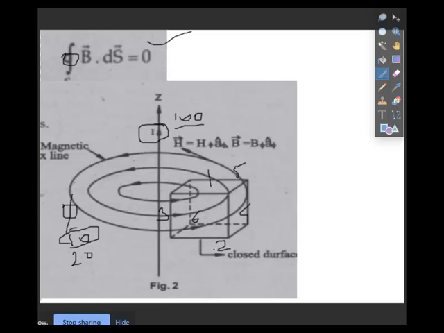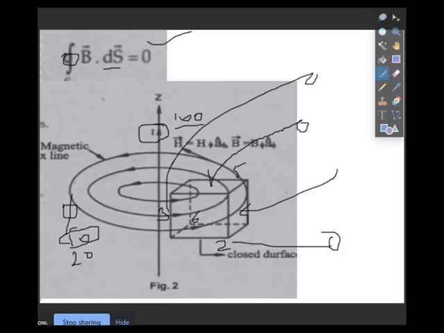So if you integrate B dot dS for the top surface, you will get value 0. For the bottom surface, 0, for the left surface, 0, and for the right surface, 0. So for 4 surfaces, the flux density integral will be 0. For the front surface, from the figure we can see 3 flux lines are crossing.